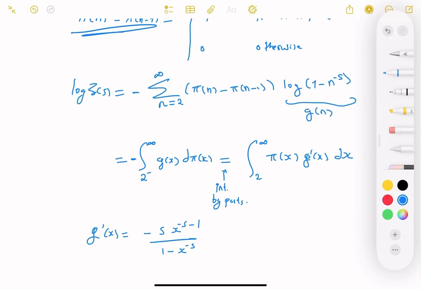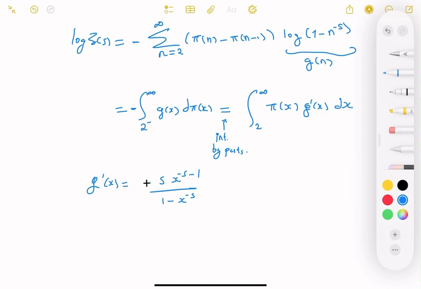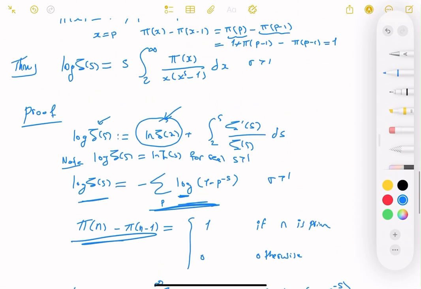So we have this derivative, and hopefully we didn't make any sign mistake, but the point is log zeta becomes s, we can pull it out, and then we're integrating from 2 to infinity pi of x times x to the minus s minus 1 over 1 minus x to the minus s dx, and this is exactly what we were looking for.